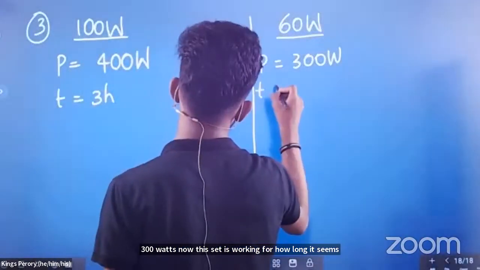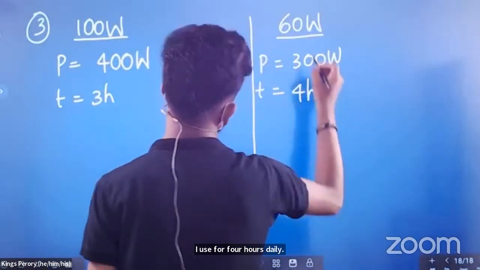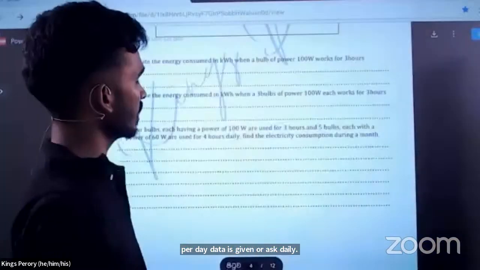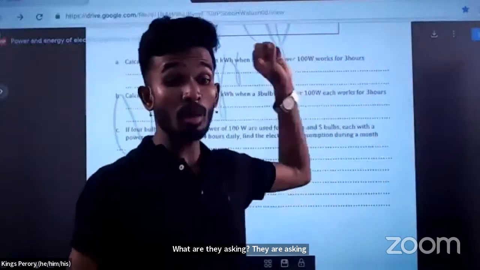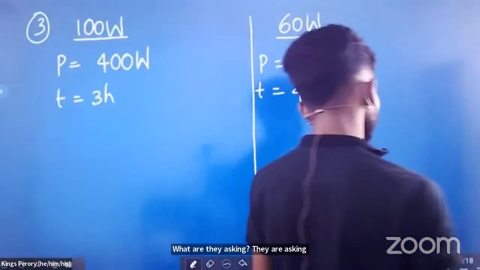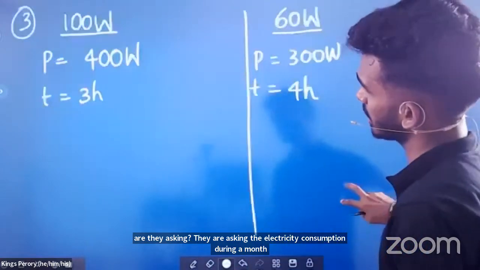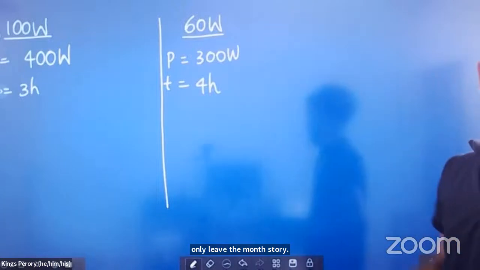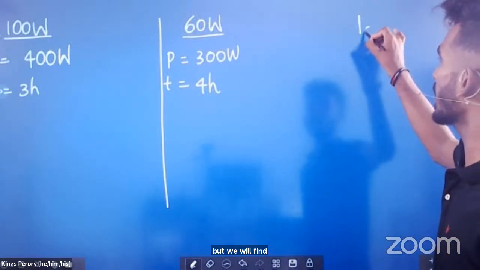Per day data is given. What are they asking? The electricity consumption during a month. Leave the month story aside. First, we will find how much electricity is consumed for 1 day.